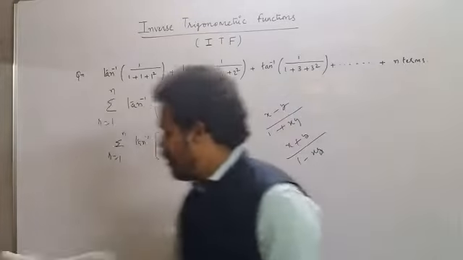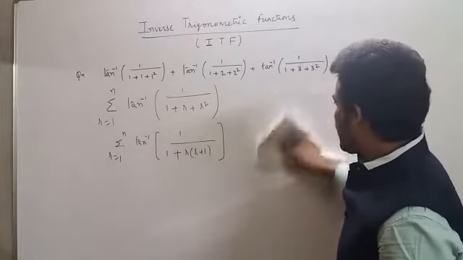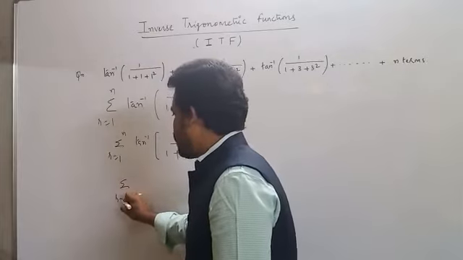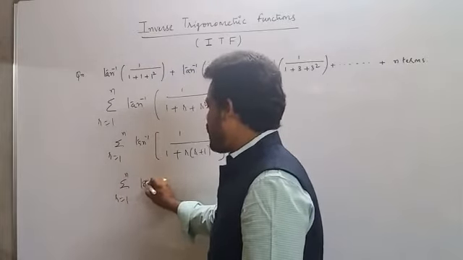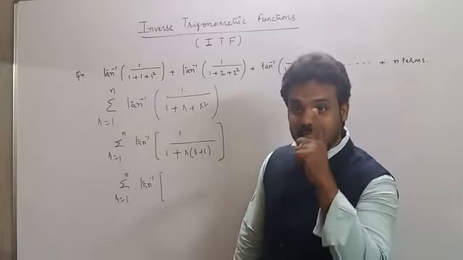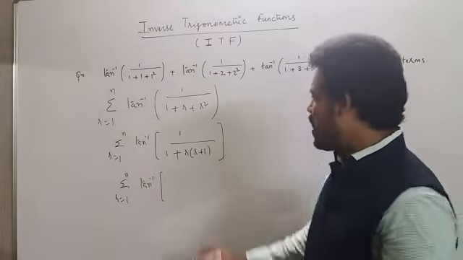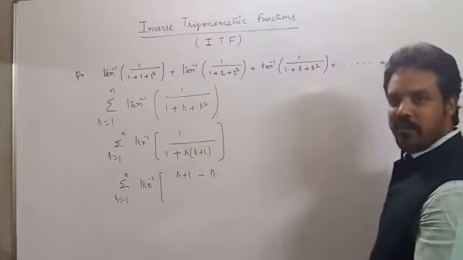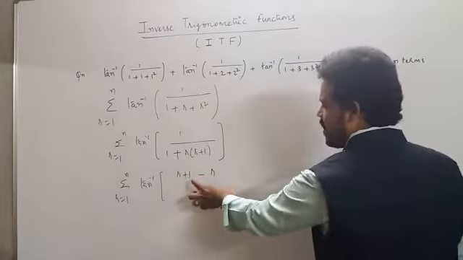Now, since we got 1 plus r into r plus 1, I write this as sigma r running from 1 to n, tan inverse of, with denominator 1 plus xy, the numerator should be x minus y. What is the x minus y? If you observe, I can write r plus 1 minus r. r gets cancelled, 1 is there.